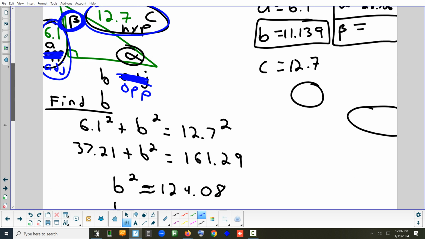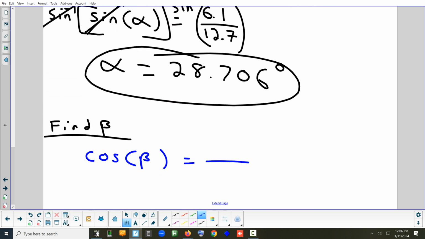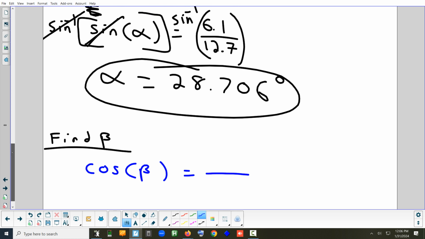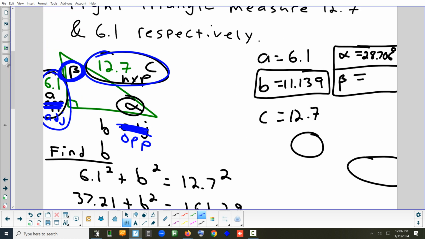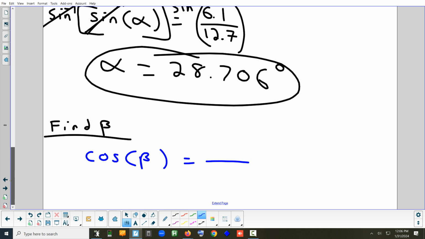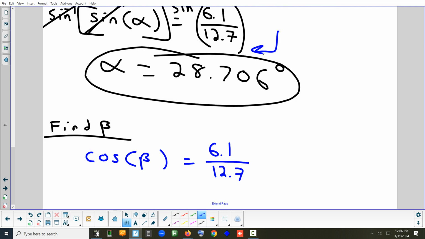We're solving for beta. So fill that in for your angle. And now put the adjacent in the top and the hypotenuse in the bottom. So the adjacent is 6.1, and the hypotenuse is 12.7. It ends up being the same fraction we just had up above, right there. Okay, same fraction. All right, so beta is inside the cosine function.